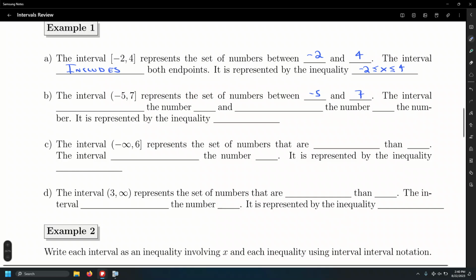The interval excludes the number -5 and includes the number 7. How come? Because, well, what do we have? Parentheses means we exclude the lower endpoint, and the bracket means we include the upper endpoint. All right?